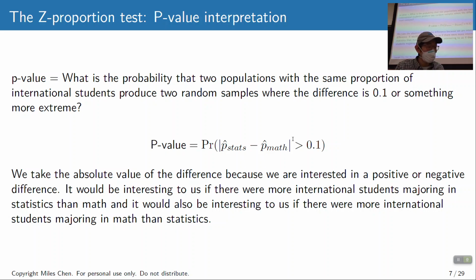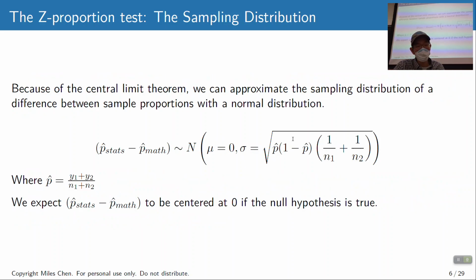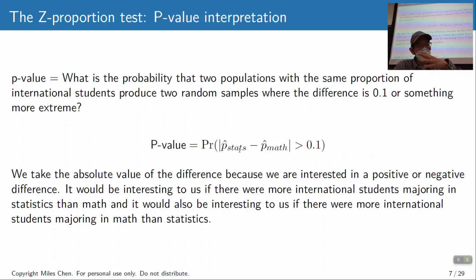We want to figure out the p-value: what is the probability of getting a difference of 0.1 or something bigger than 0.1 if the only source of variation is just randomness? If the null hypothesis were true and it's coming from this sampling distribution, what's the probability we get 0.1 or something more extreme?